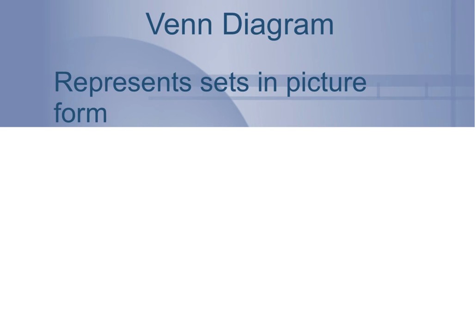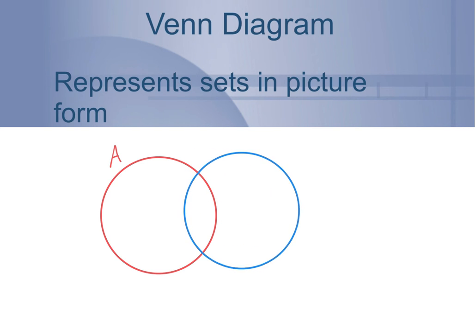So if I were to draw a Venn diagram here, then I would draw one circle that would represent my A set, just like I had from the previous page. And then I would draw one circle that would represent maybe my B set. All right, and that would be here. So when you have a Venn diagram, you want to label it.